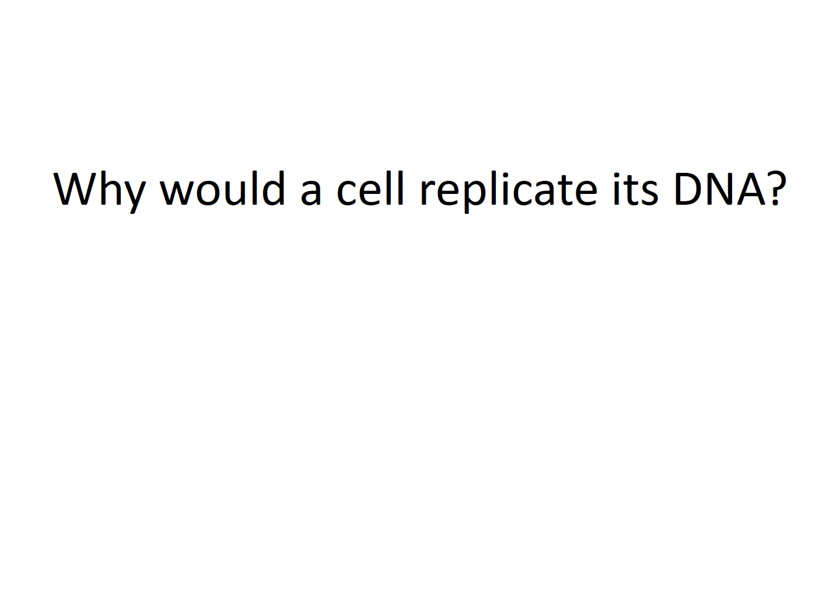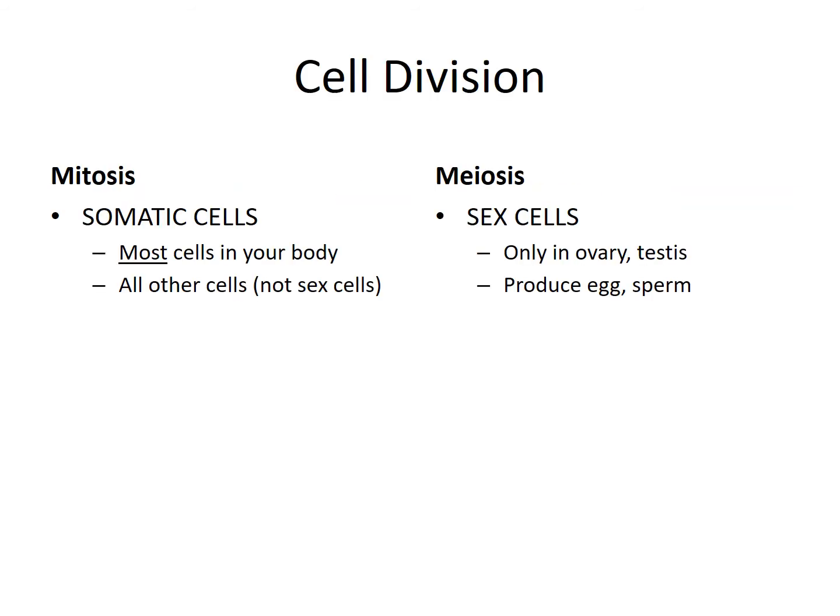Okay, why would a cell bother to replicate its DNA? It does so in preparation for cell division. And there are 2 types of cell division, and we'll talk about them on separate days of lecture for this class. The 2 types are called mitosis, which happens in most of the cells in your body. It just makes a copy of the original cell to replace an old one that's aging or maybe was damaged.